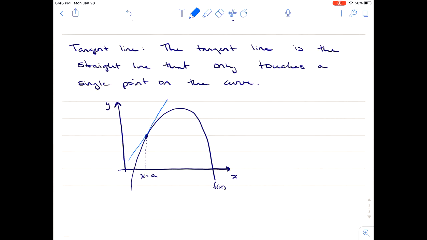And it only touches that one point on the curve. So it's just touching, and then it's off. So here, what we have is the tangent line at x equal to a.